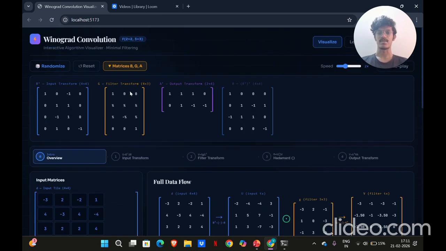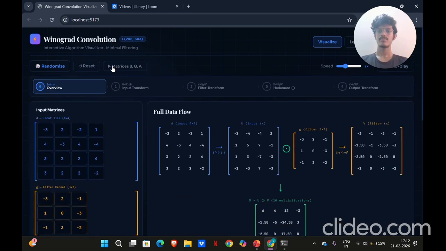This is the kernel we obtained from over there, which we use for transformation. Then the A transpose output transform, and the B which you obtain after computing the transpose of B transpose. These are the basic matrices we use for computation.